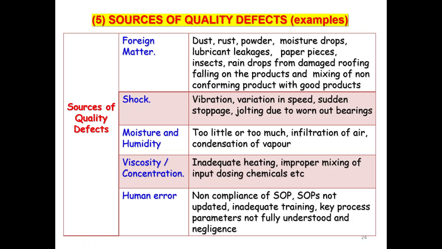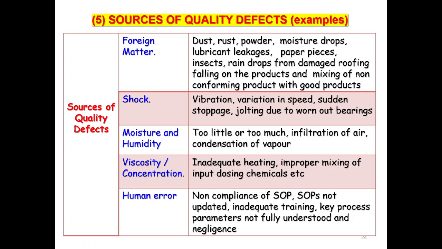Shock experienced in the machine due to vibration, variation in speed, sudden stoppages, jolting and shaking due to worn out bearings, loose nuts and bolts will also affect the end product. Moisture and humidity also contribute to quality defects if they are not as per process parameters, that is too little or too much.